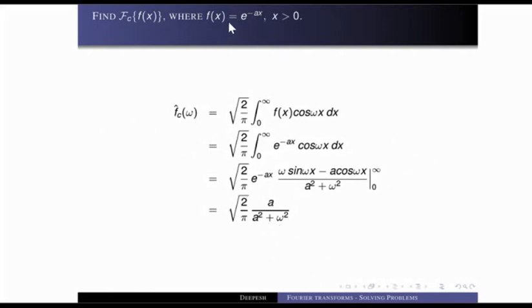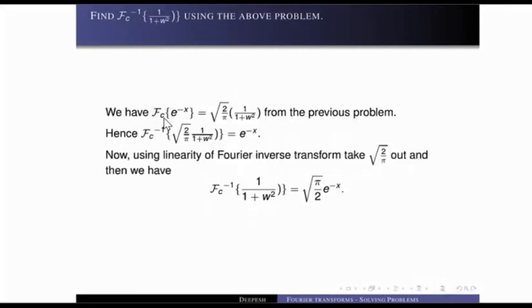When you take a equal to 1, the Fourier cosine transform of e raised to minus 1x is root of 2 by pi 1 by 1 plus omega square. So the Fourier cosine transform of e raised to minus x is root of 2 by pi 1 by 1 plus omega square, and that's why the Fourier inverse of this right part will be e raised to minus x. That is written here.